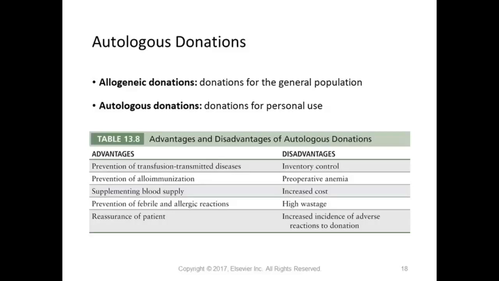So if you had a surgery, let's say appendicitis. I don't think appendicitis needs a cross match, but let's just say you're going in to have your appendix removed or your gallbladder.